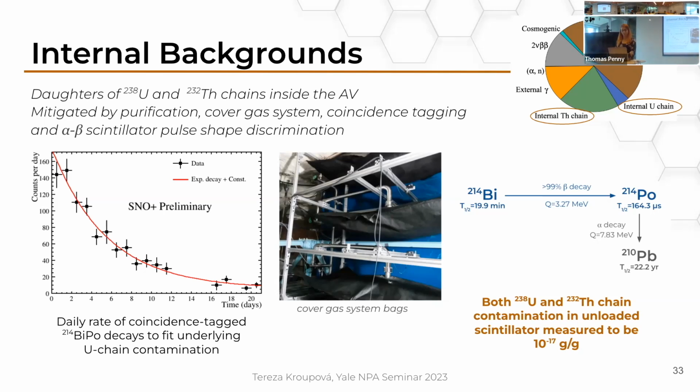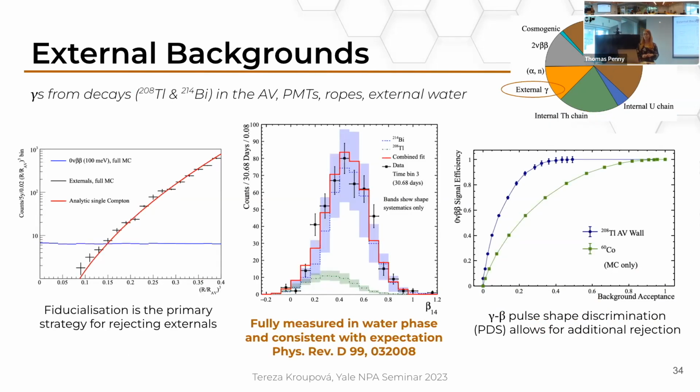For the external backgrounds, which is mainly the gammas penetrating inside to the scintillator volume, the first line of defense is mitigation by cutting part of that volume and creating your fiducial volume where you're doing your analysis. You can also, again, measure this, and this is from a paper on nucleon decay search from our water phase. Again, as I mentioned, it is much easier to measure it there, and we have our constraints on our external backgrounds, and they're all on target and as we expect.